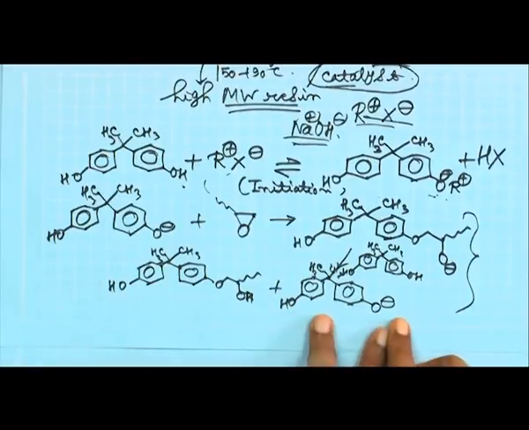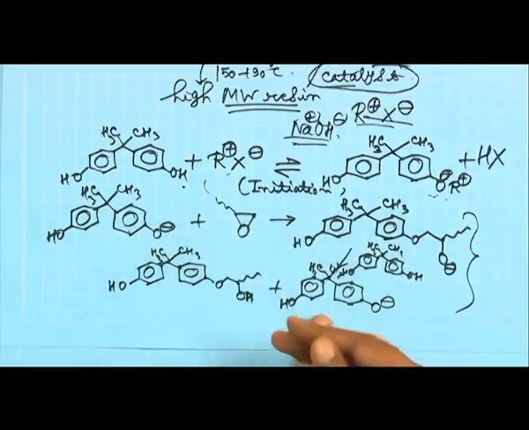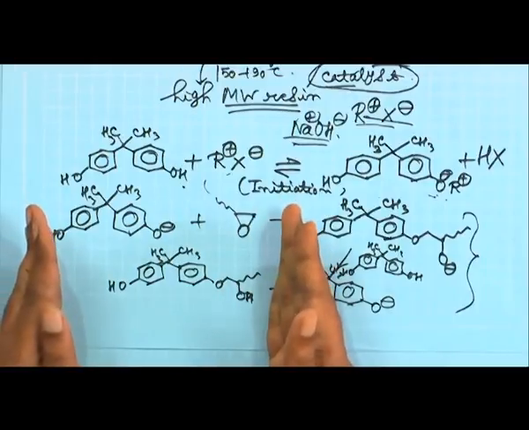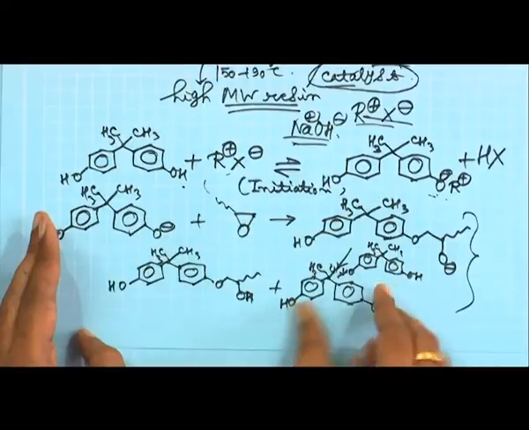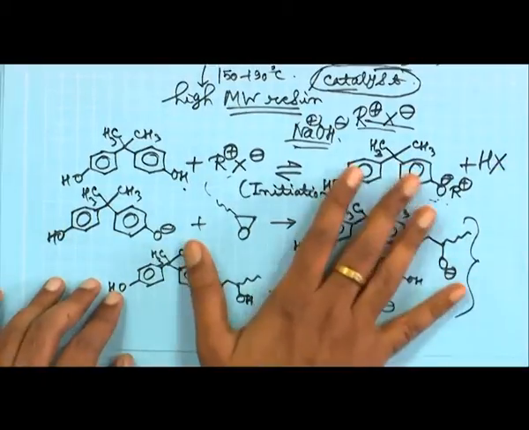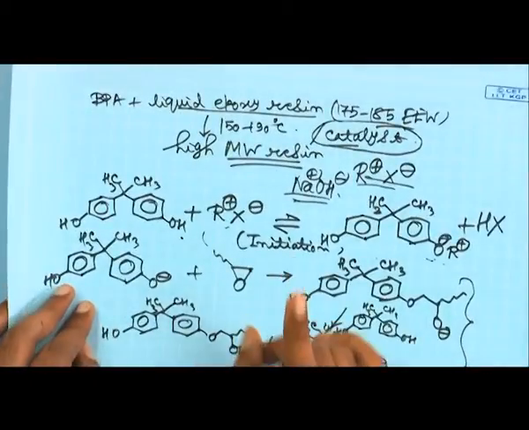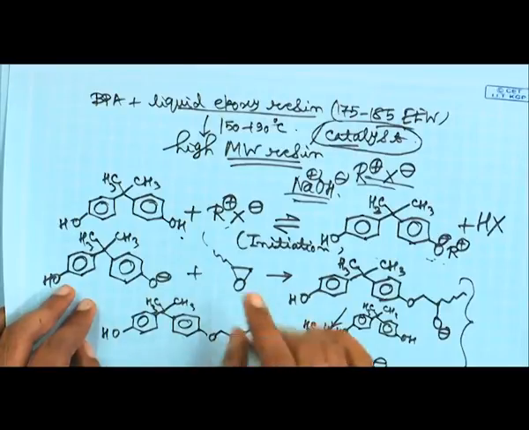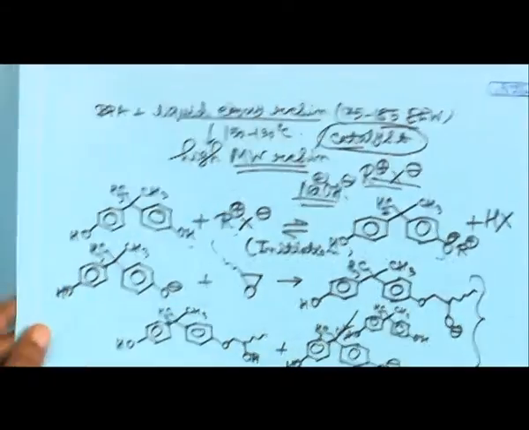So, this bisphenol A phenolate ion can again react with another epoxide, if it has some epoxide linkage at the end of it. So, this can react with that epoxide linkage and it can extend the chain. So, that is why it is a propagation step, and that is how you create your polymer by advancement process. So, you start with bisphenol A and your liquid epoxy resin, and this is how you proceed.